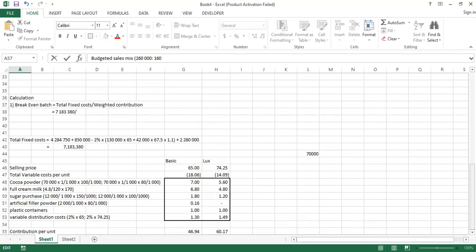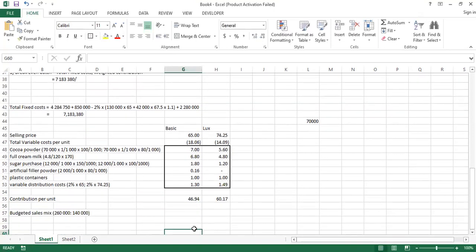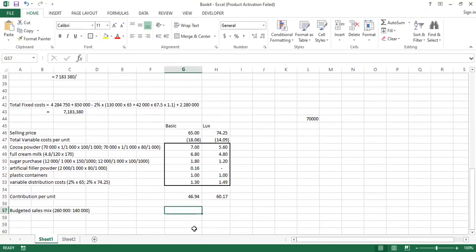Yes, it's 260 and 140. We need to reduce that to lowest term. If you have a scientific calculator, it can be done quickly, but we can do so by dividing 260 by, no, not by 7. Let's see, what can we divide that by?